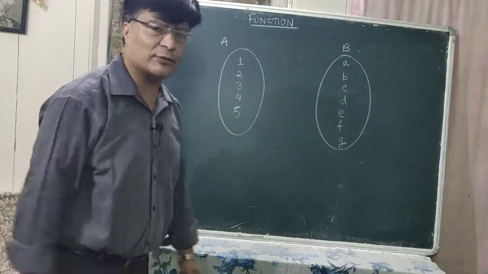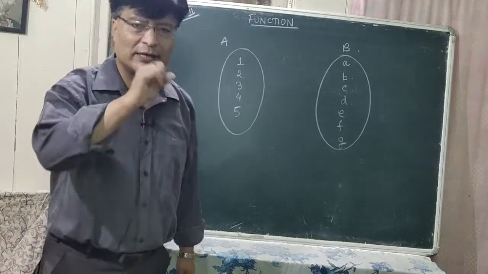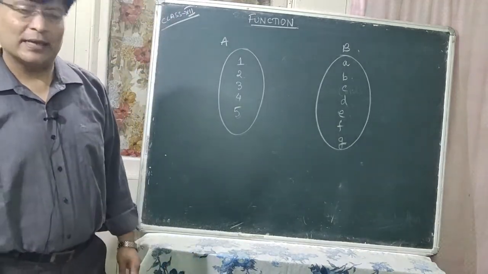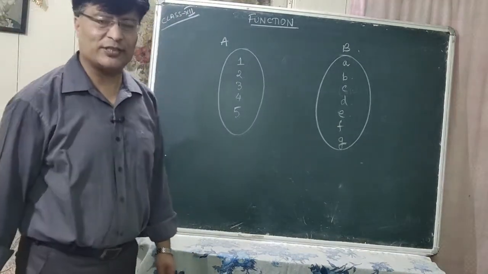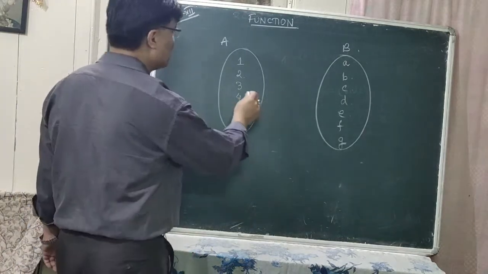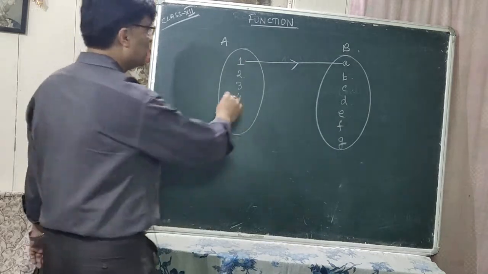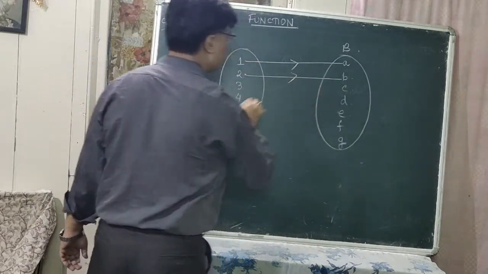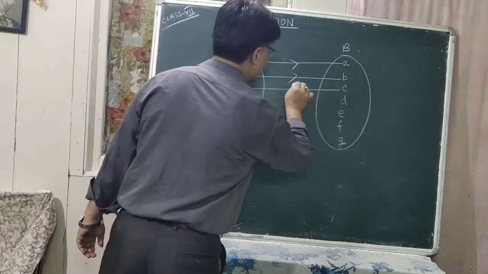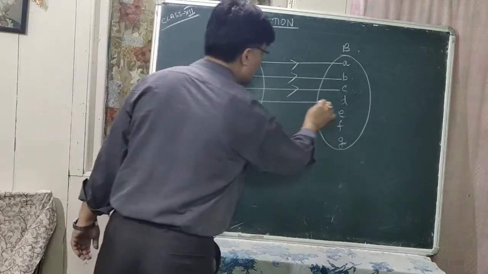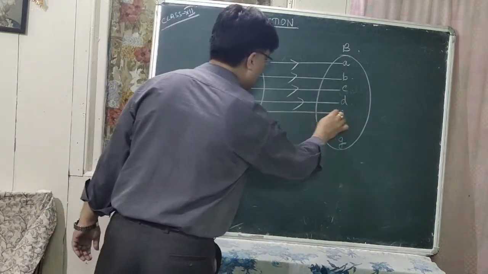Now there is a relation between A and B, as we have done in the relation chapter, right? Suppose 1 is related with A, 2 is related with B, 3 is related with C, 4 is related with D and 5 is related with E.